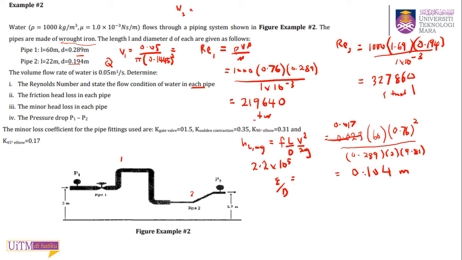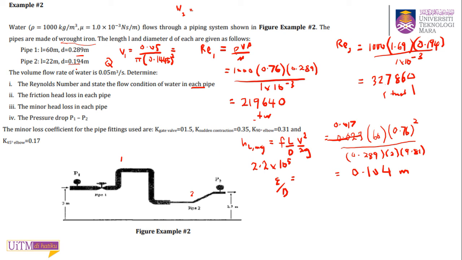So this is for pipe 1, and you do the same for pipe 2. Your Reynolds number is 3.3 times 10 to the power 5. You need to find your relative roughness.